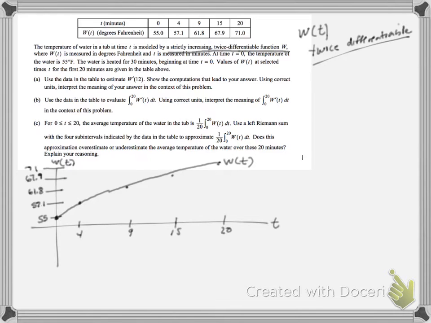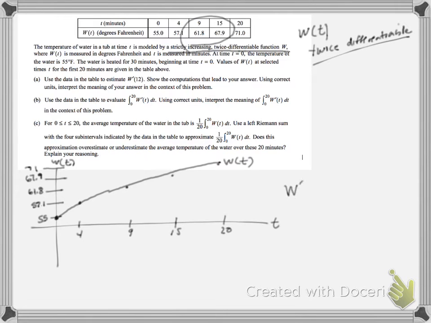So I need to figure out 12 is between what two numbers. And if I'm looking at the table, 12 is between 9 and 15. So I have to use what you use in algebra. If you have 2 points, you're going to find the average rate of change. So we have to estimate the derivative at 12 with the average rate of change.